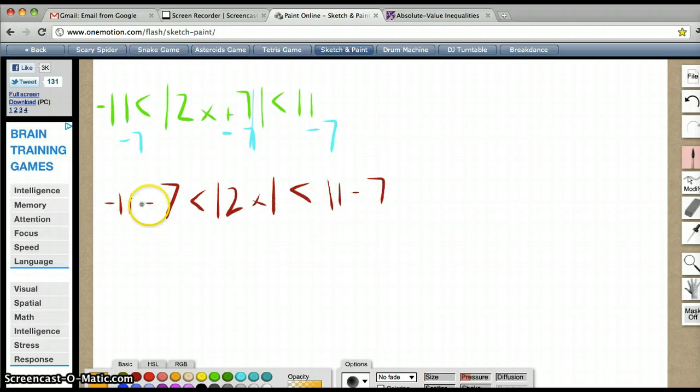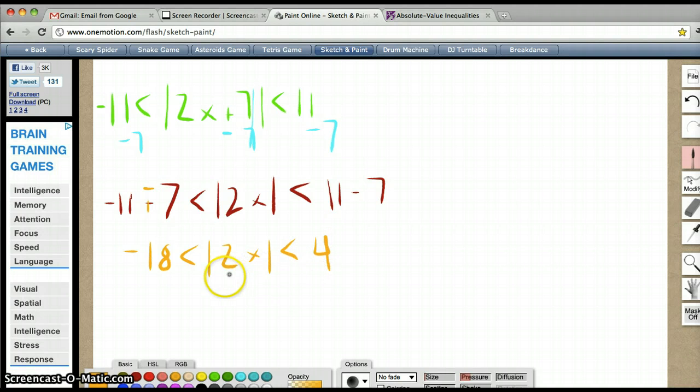A negative and a negative means it becomes a positive, and then you add a negative to the other side. So here we've got a negative 18 is less than 2x, which is less than 11 minus 7, which is 4.